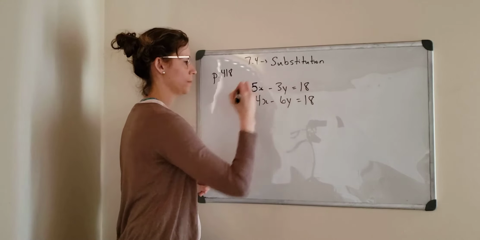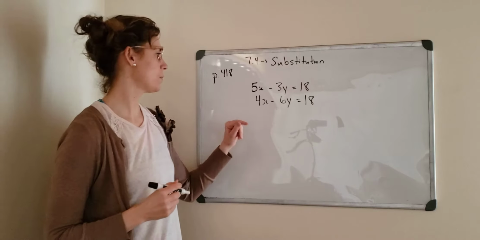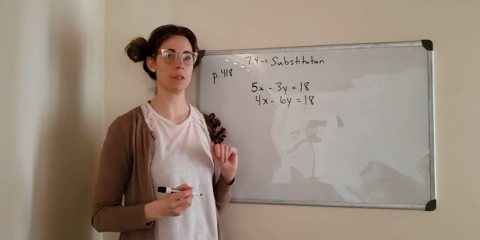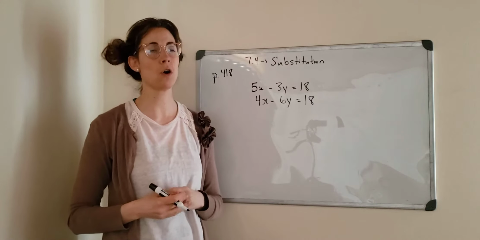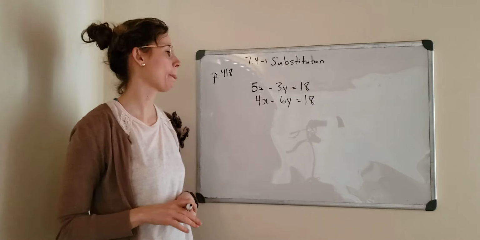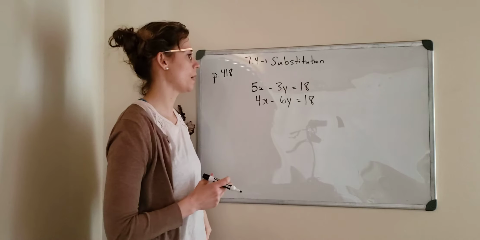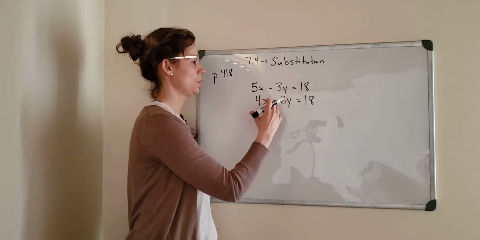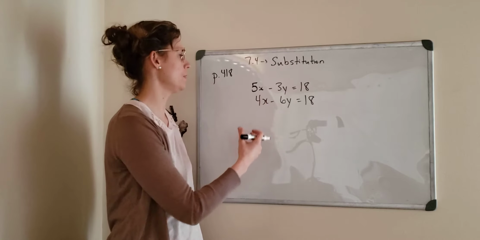All right, so again, using substitution, which is what they told us to do, there are no variables here without a coefficient. So we're going to have to do something different. One thing we could do is isolate one of the variables, even though it has a coefficient.